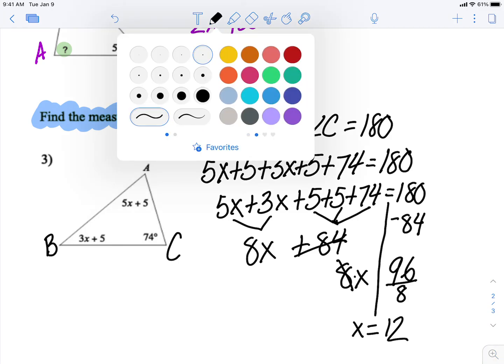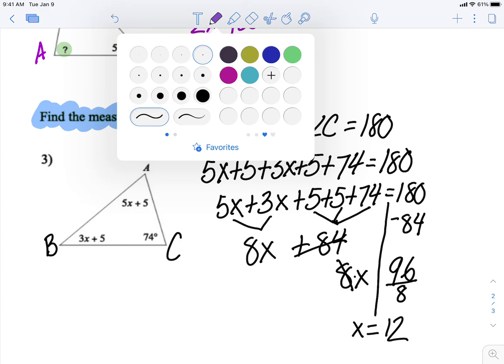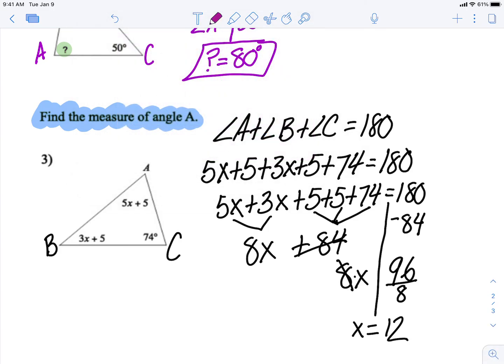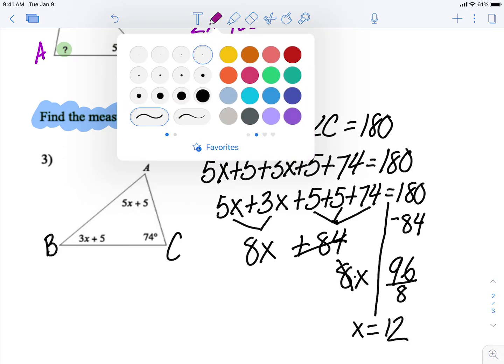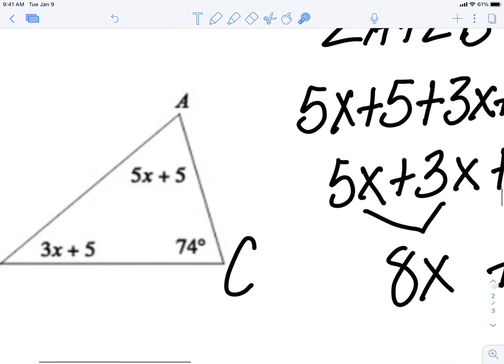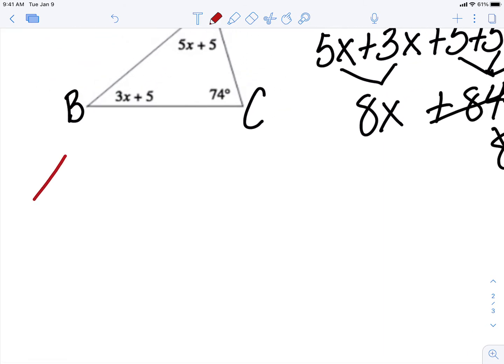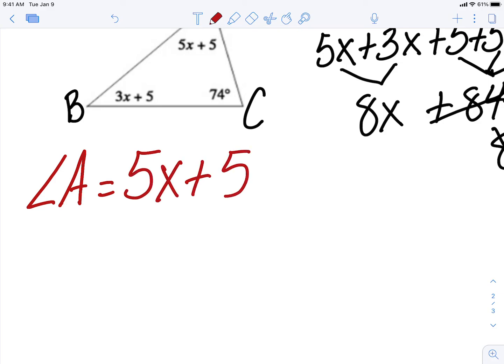So what we're going to do is, let me do something different. Angle A is 5x plus 5. I'm going to write it over here. Angle A is equal to 5x plus 5.